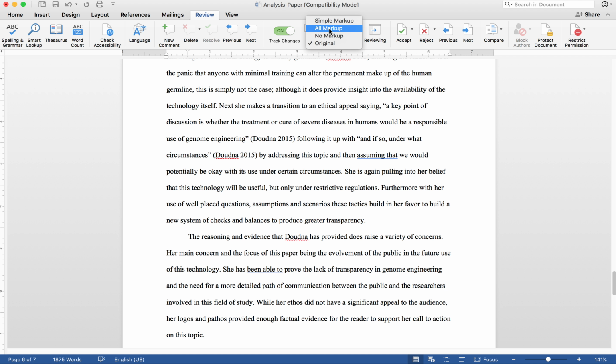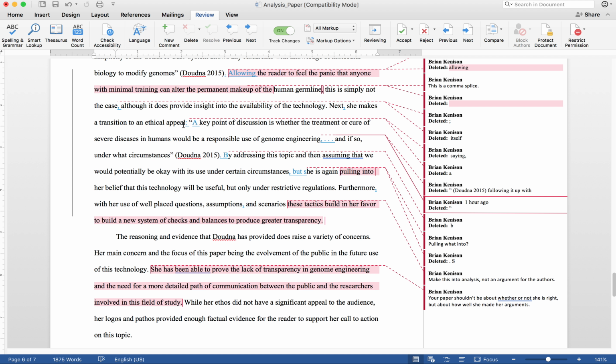And so if you go back to my marked up copy here, I've changed the way this is introduced because this is a sentence, and this is an ethical appeal.